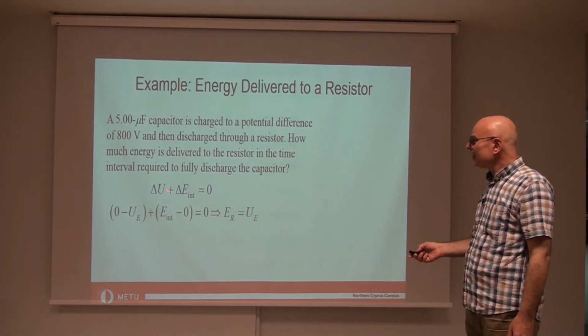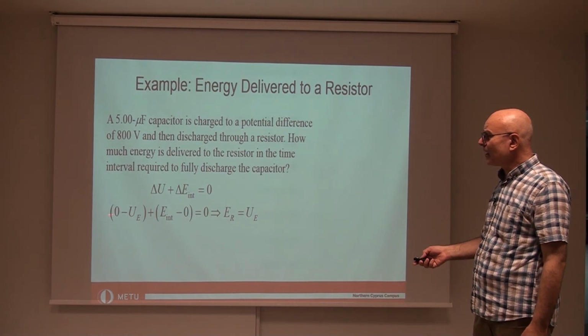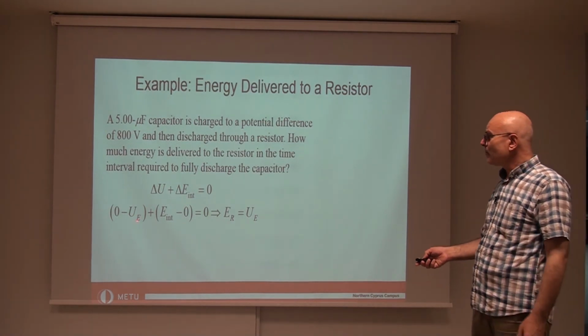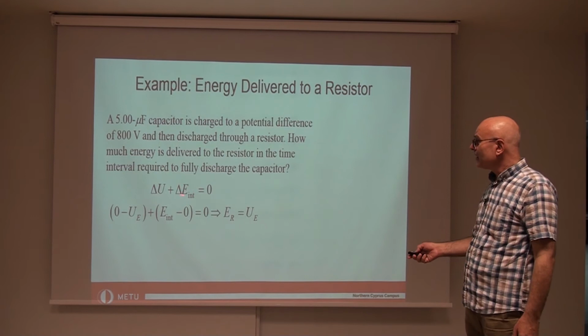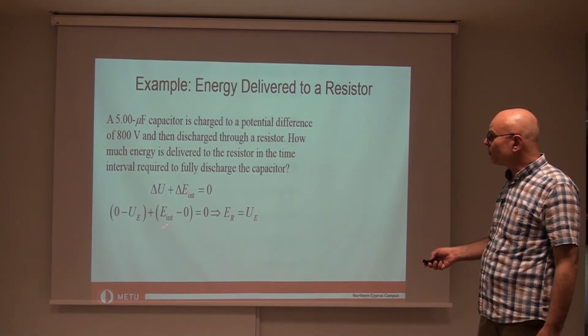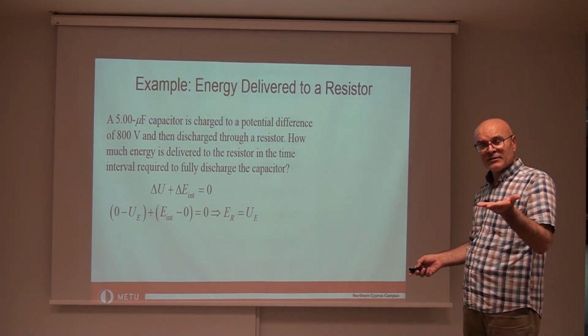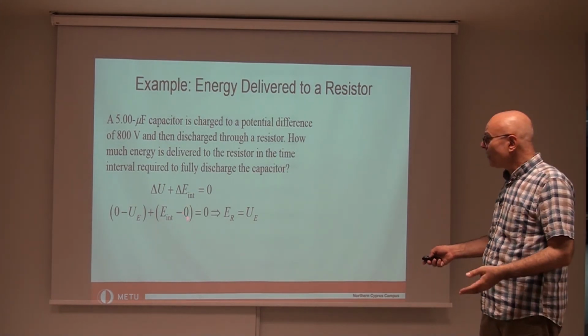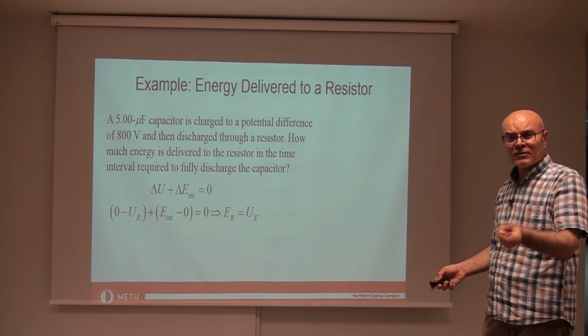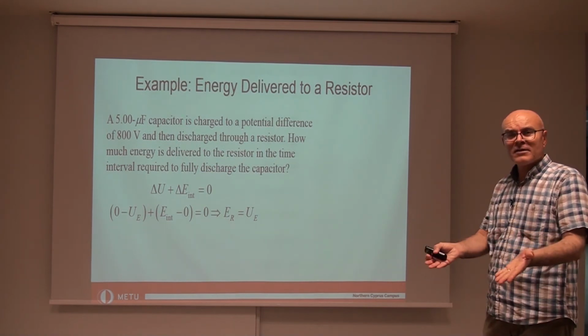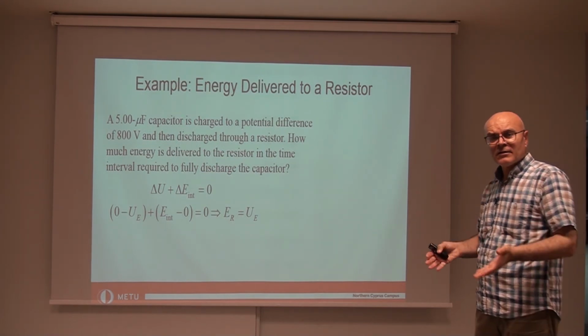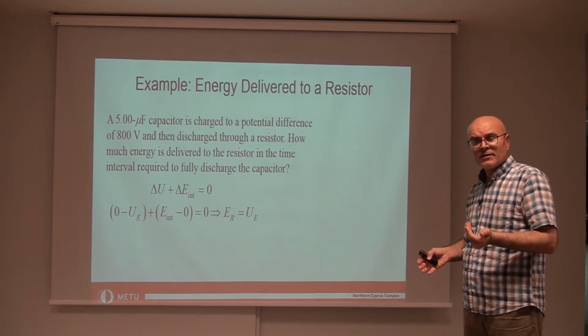So delta U, final minus initial: it becomes 0 after it's fully discharged, minus U initial, plus delta E internal, the total thermal internal energy of the resistor, minus that at the beginning. Before discharging started, the resistor was at room temperature, and we take this as 0 internal energy.